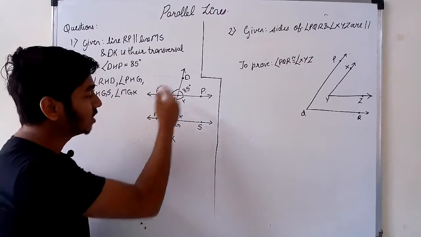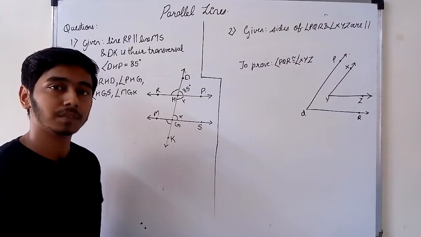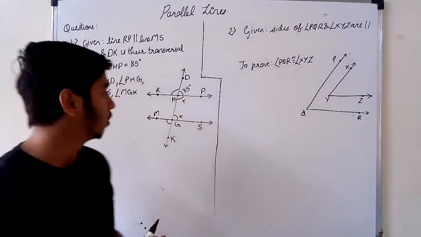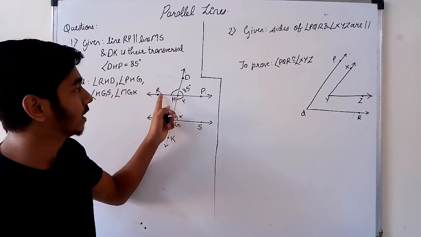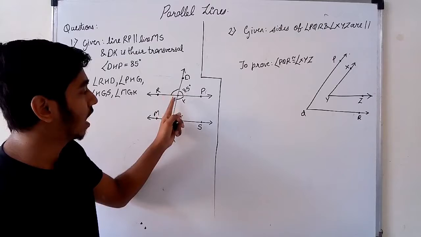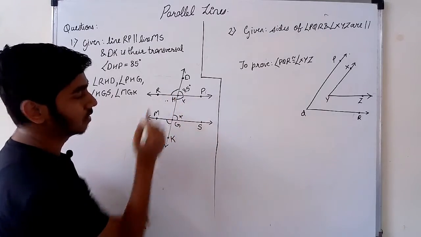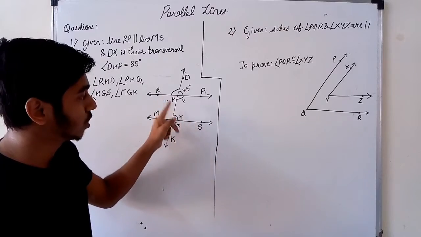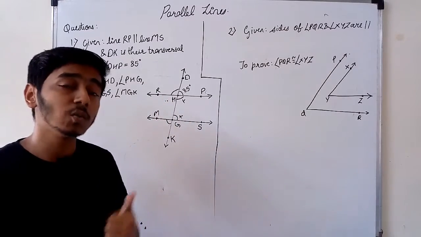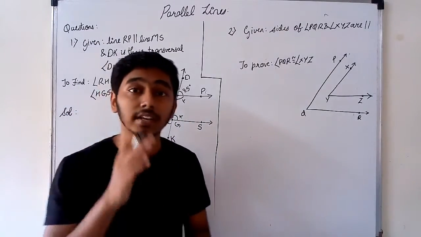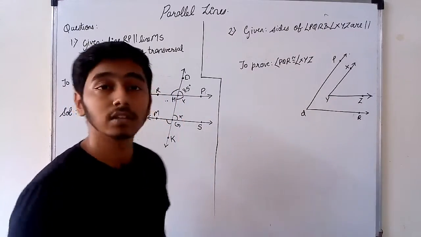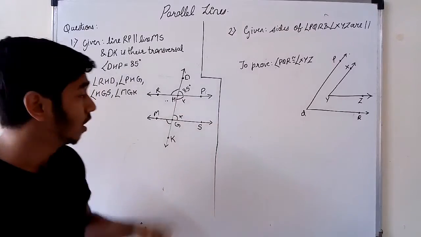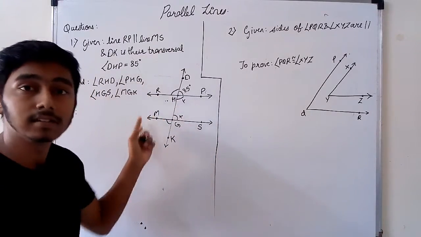You can use any of the rules which you know, whether corresponding angle or alternate angle. After finding RHD, we can find RHG, which is this angle, and then we can find HGS using alternate angles. So there is no particularly specific way to solve this. You can use any rule which is valid enough to solve or find the angles.